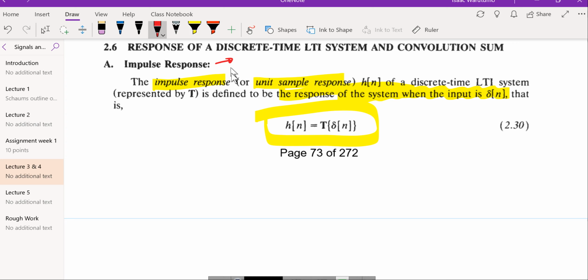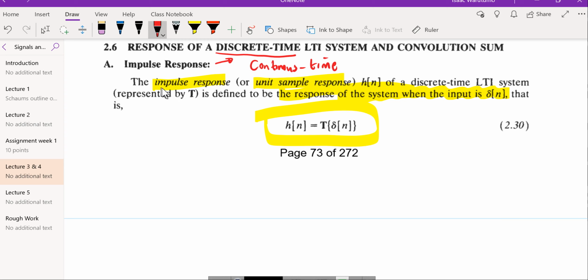The difference between what we are discussing now and what we discussed earlier is simply that we were previously discussing non-discrete time, which we called continuous time LTI systems. So now that we are discussing discrete time, we still go through the same ideas. And the first idea is that of the impulse response.